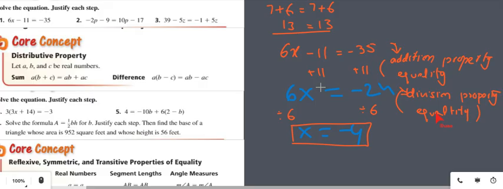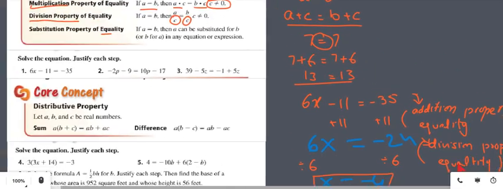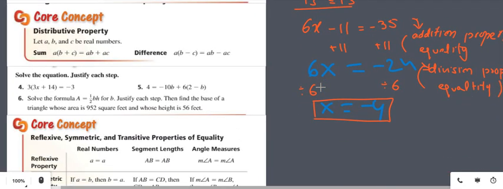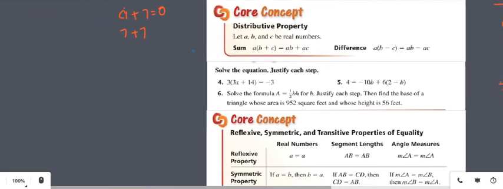Okay, the next is the distributive property. How does this help us? If again you have the real numbers a, b, and c, then you can distribute if it is in this form, in a parenthesis form.